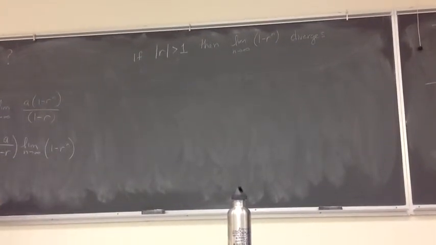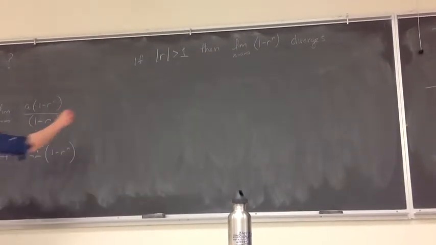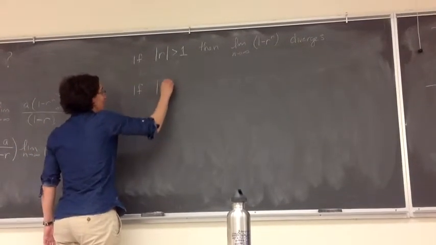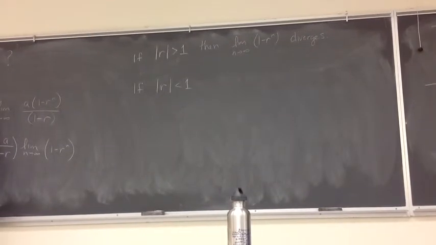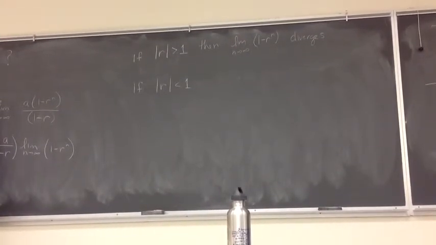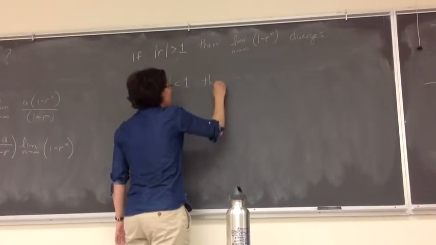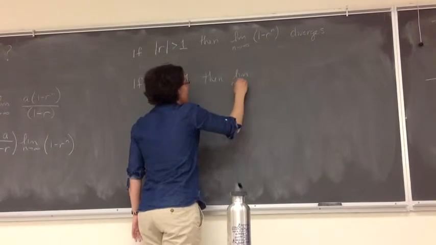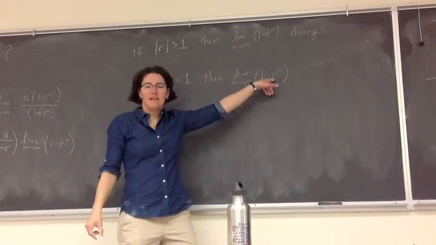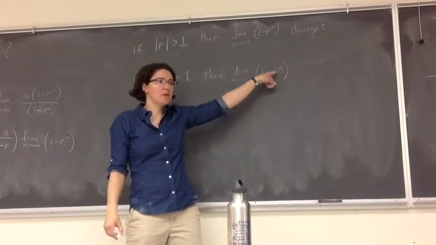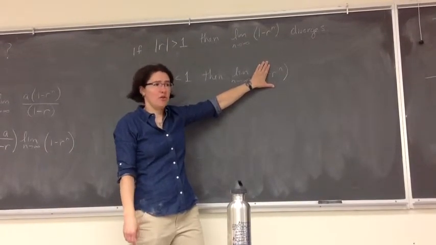Last lecture mentioned r being between 0 and 1. If the size of r is less than 1, in other words, if r is between 0 and 1 if it's positive, and between negative 1 and positive 1 if r is possibly negative, then the limit as n goes to infinity of r to the n: if you take a tiny number and raise it to a really, really big power, it's going to be uber tiny.